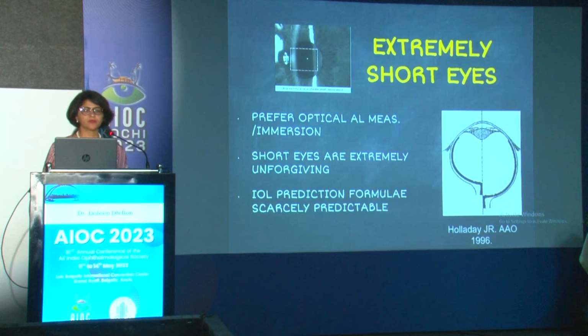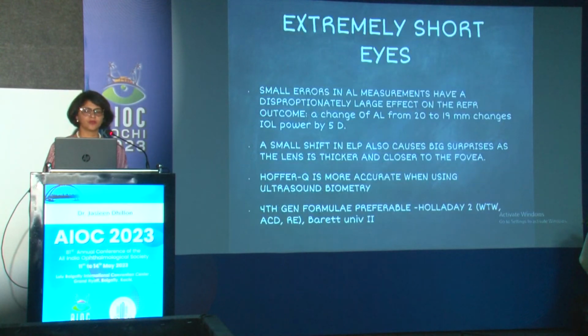Something to remember is that short eyes are very unforgiving. A very small error is going to be magnified into a very off the mark IOL power. For instance, a change of axial length from 20 to 19 millimeters would change the IOL power by 5 diopters.